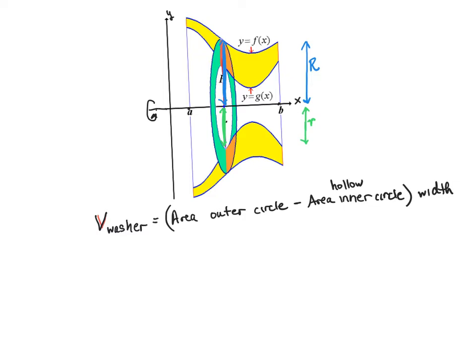So this formula would be pi times capital R squared minus pi times little r squared delta x, which is that tiny width, which will become dx when we take the limit of the number of rectangles approaching infinitely many or increasing without bound. Now the pi can be factored out.